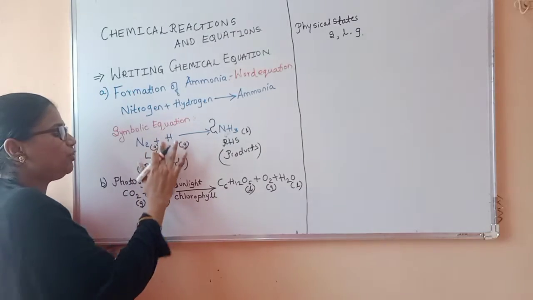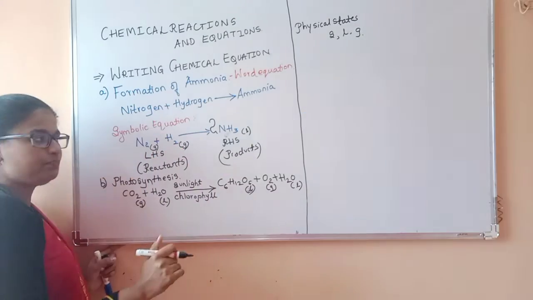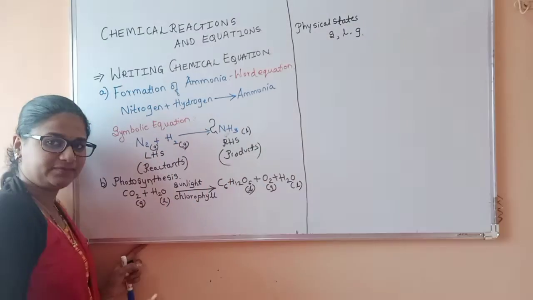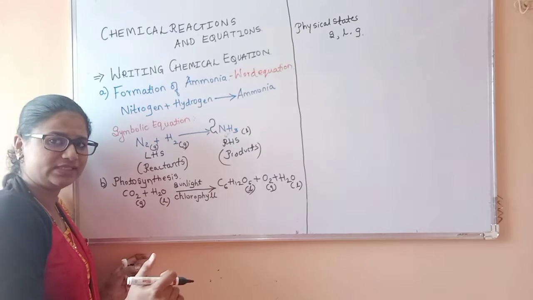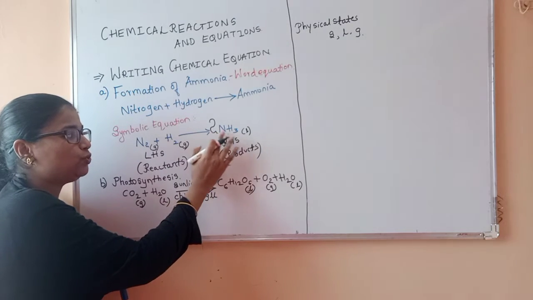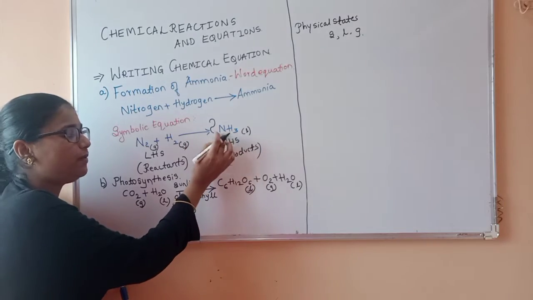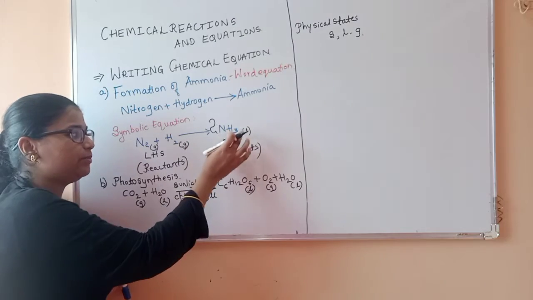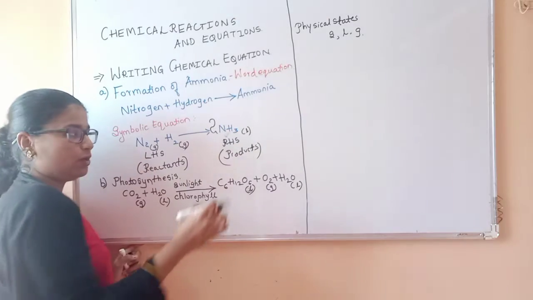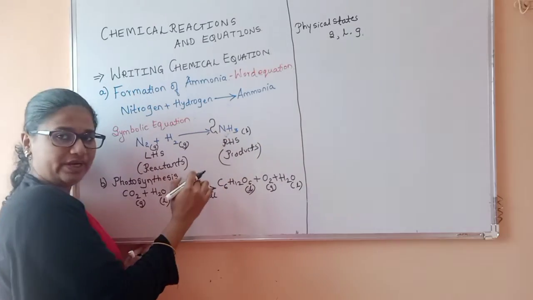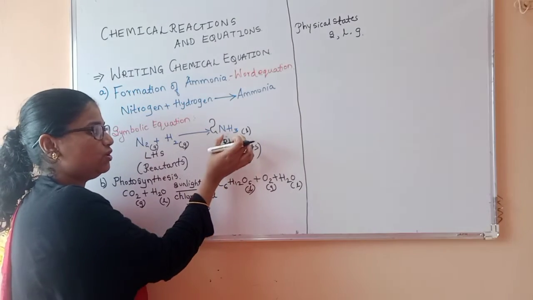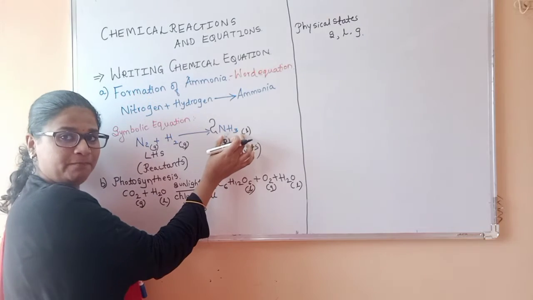Next, before, only H2 was there, but here H3 is there. So both are not balanced. When I wrote 2, the hydrogen atoms 2 into 3, we have to multiply the coefficient by the subscript. 2 into 3, so the hydrogen became 6.